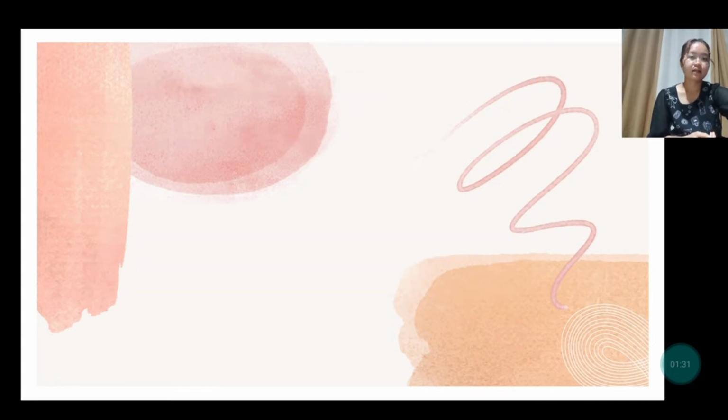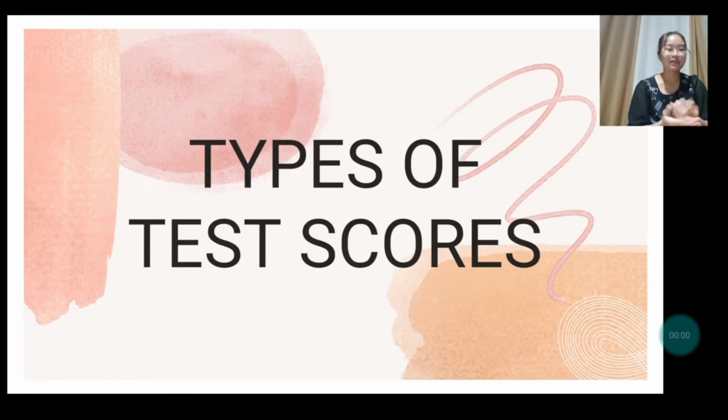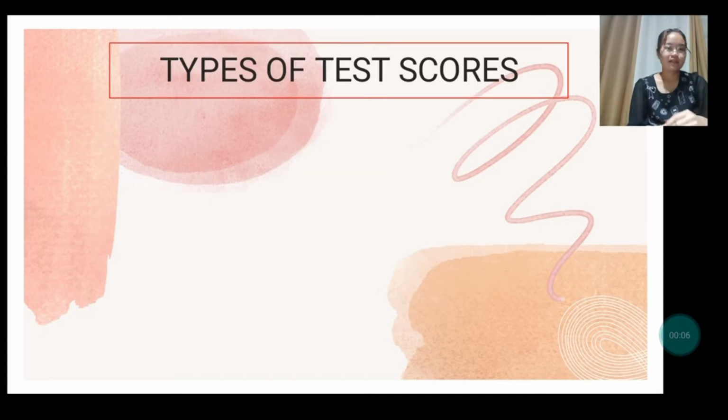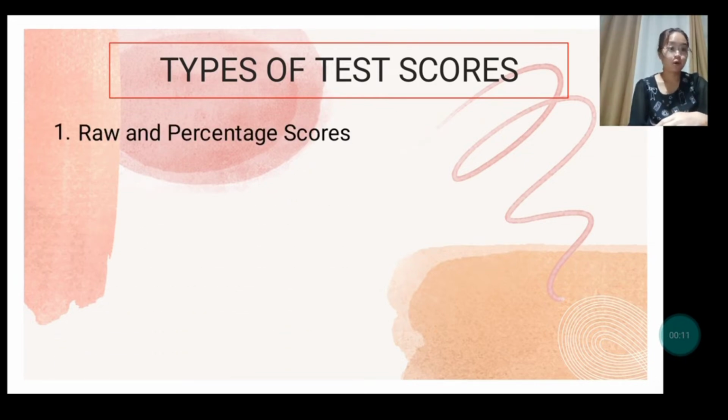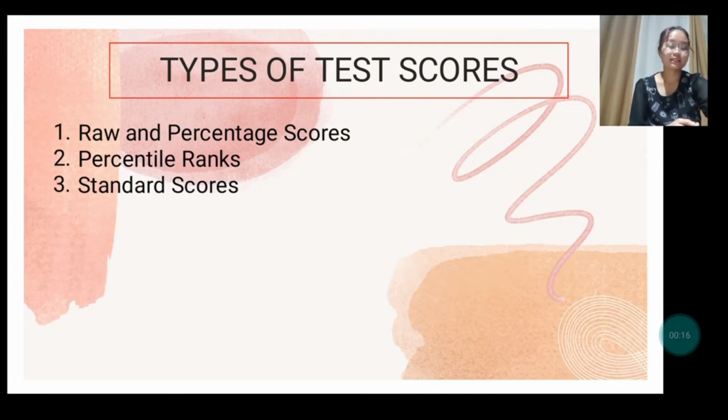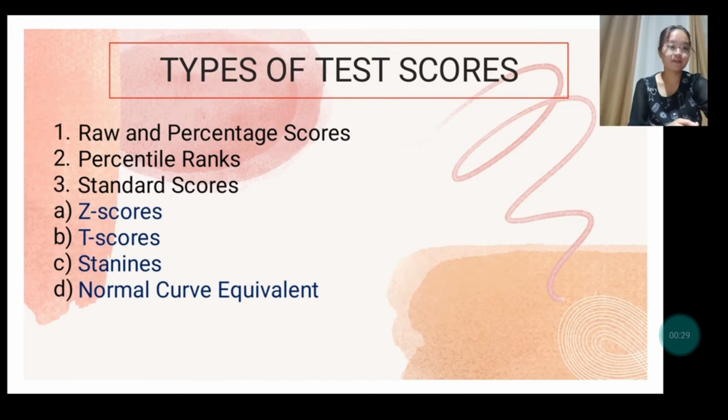So now, let's proceed to the types of test scores. There are the raw and percentage scores, percentile ranks, standard scores, and associated with the standard scores are the z-scores, t-scores, stanines, normal curve equivalent, and developmental scores.